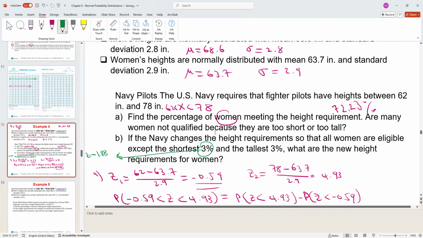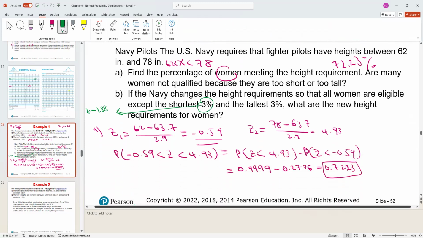Now what would x be? Remember x is mu plus z sigma. So the mean for females is 63.7 plus negative 1.88 times sigma, which is 2.9.